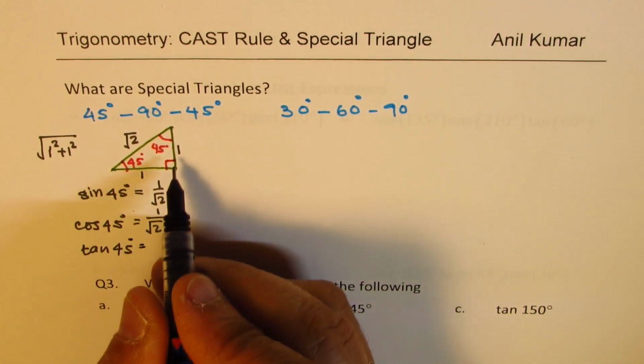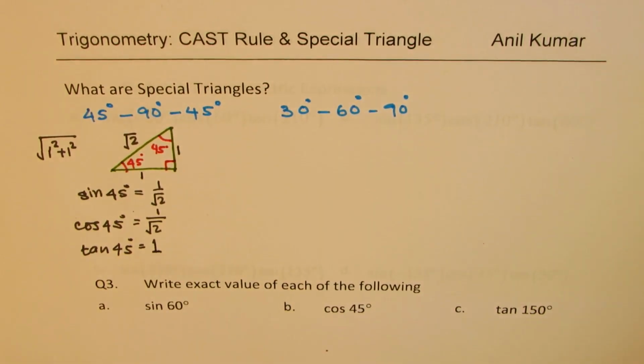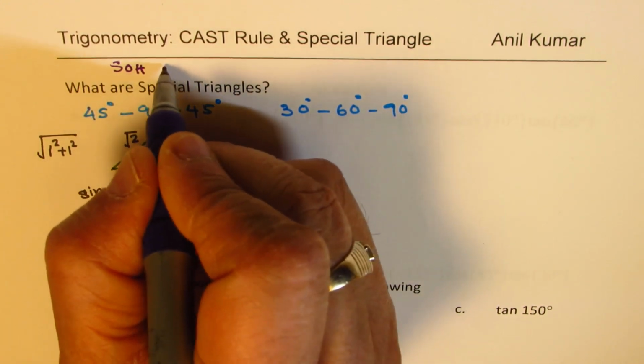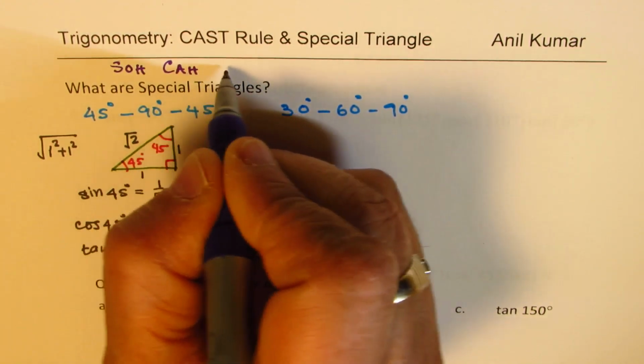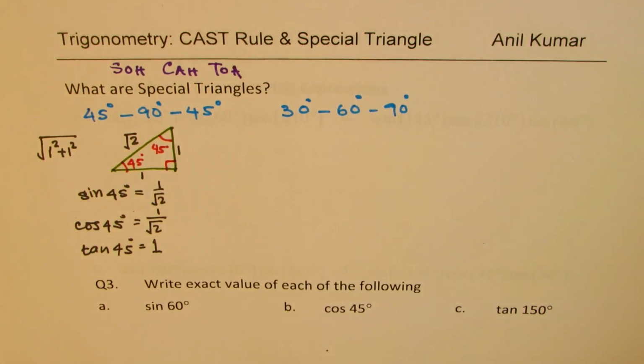Well, the tan of 45 degrees is ratio of 1 over 1, that gives you 1. Clear? So remember how we got these ratios? So sine, we are saying, is opposite over hypotenuse. Cosine is adjacent over hypotenuse. Tan is opposite over adjacent, right? So remember SOHCAHTOA.